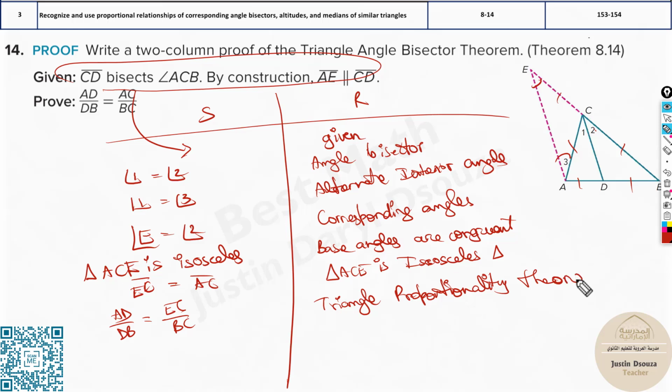So then we are remaining with nothing. This is almost done. Now EC is equal to AC, right? So AD divided by DB will be equal to AC divided by BC by substitution. That's it, because I already have proven EC is equal to AC. So substitution is the only thing that's remaining.